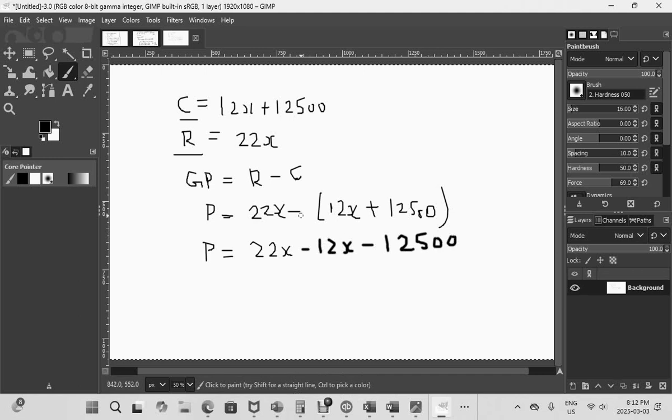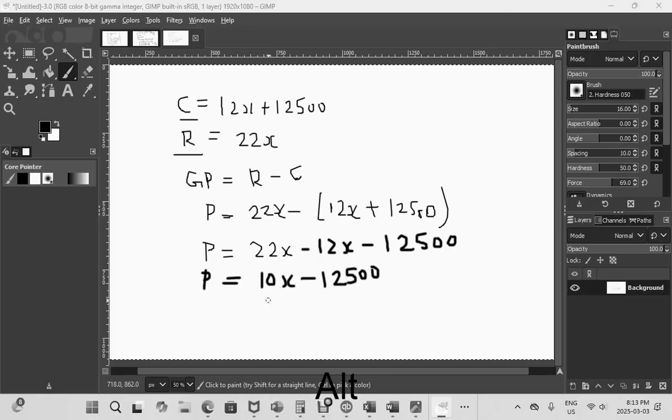When you remove the brackets, this sign will turn negative. So your profit equals 22 minus 12, which is 10x, minus 12,500.